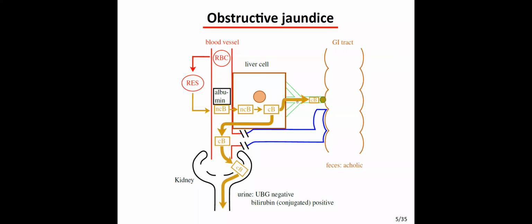Now let's continue. If you have obstruction, the best imaging technique is ultrasound first of all; you can use CT, or if it's a tumor, you can use ERCP, endoscopic retrograde cholangiopancreatography. However, if the patient has a gallstone, cholelithiasis, it is contraindicated to use ERCP unless the stone is located in the ampulla of Vater and you can remove it with the endoscope, because ERCP can induce acute pancreatitis.